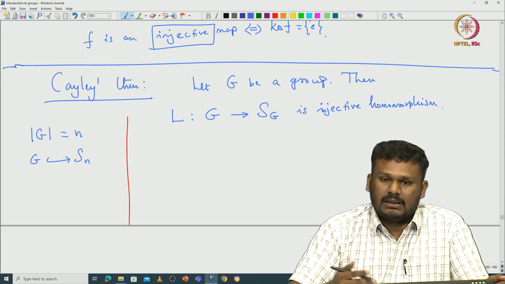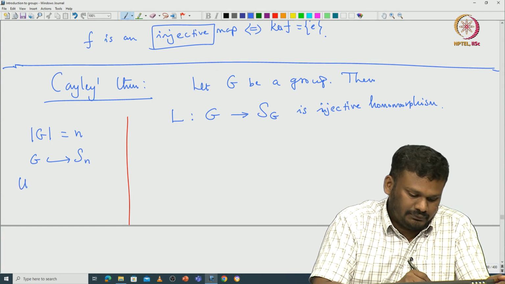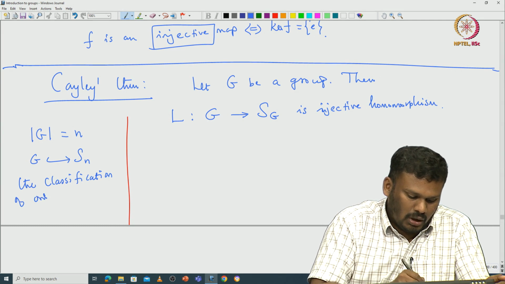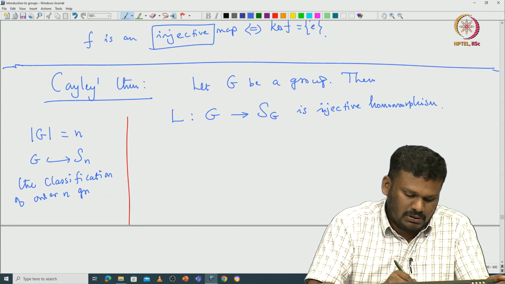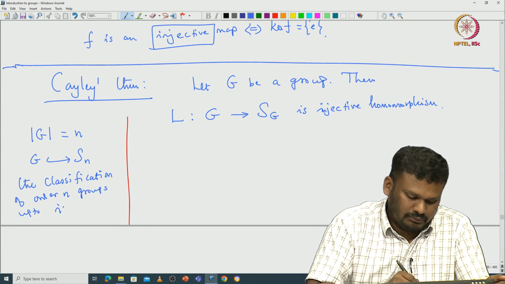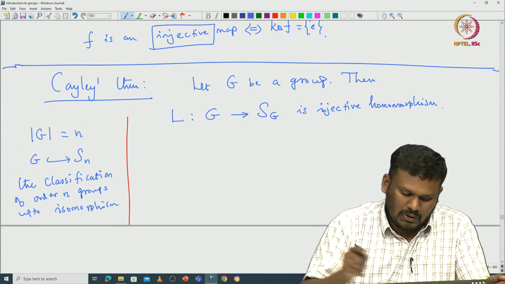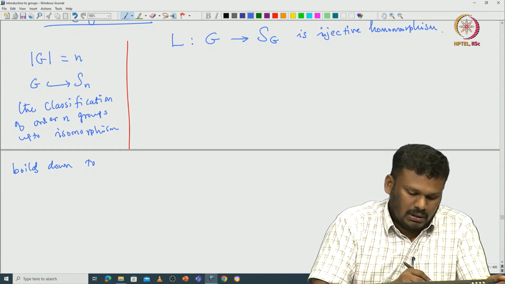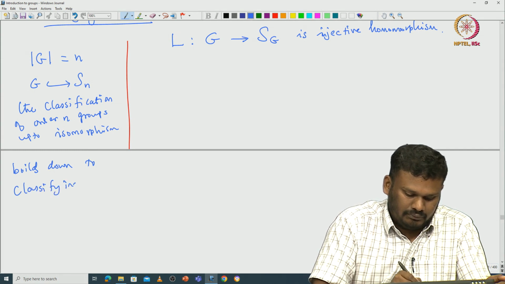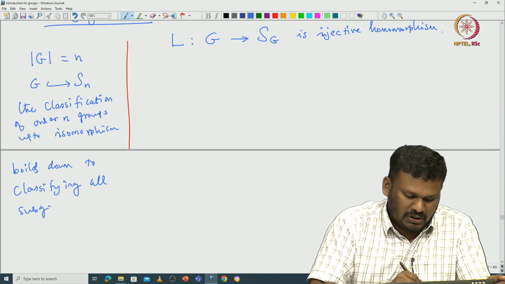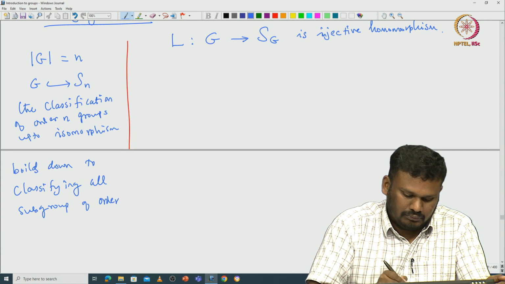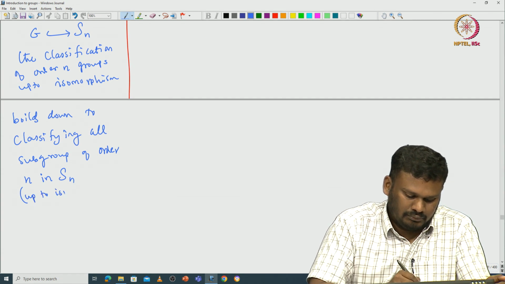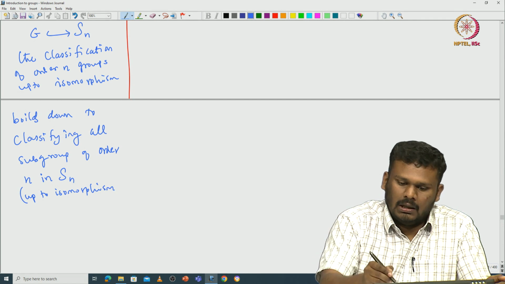Cayley's theorem tells us that the classification of groups of order n, up to isomorphism, boils down to classifying all subgroups of order n in S_n.